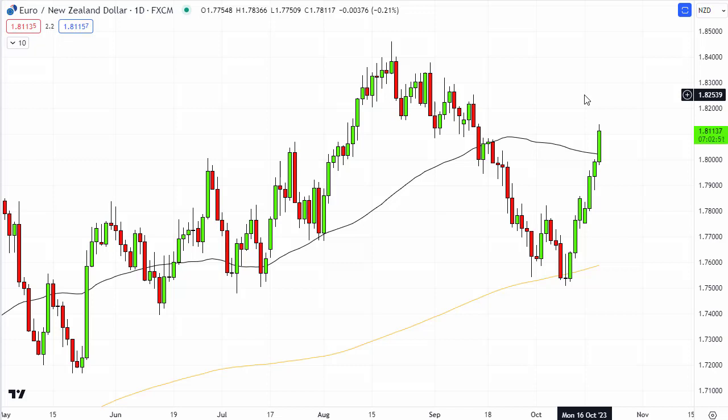But as far as you being able to trade it as an individual trader, I wouldn't worry about that at all. In fact, I spend the majority of my time trading the most liquid pair in the world, but I know plenty of people who are trading cross pairs, majors, and exotics as well. And as individuals, in the main, that type of thing's not going to be an issue for you.